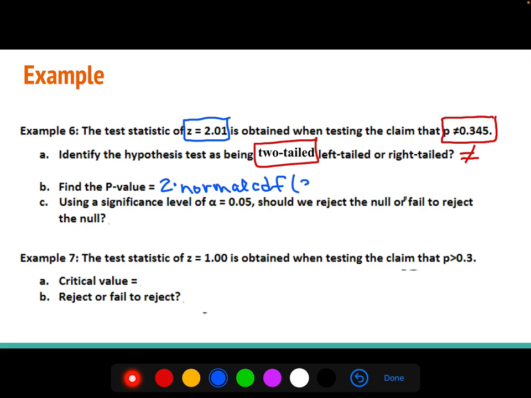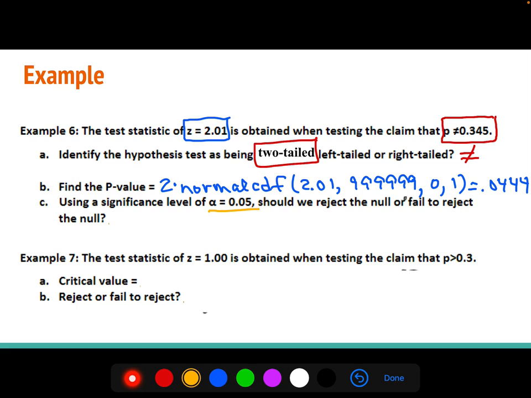Why 2 times? Because we have 2 tails. Our statistic is at 2.01 all the way up to a big number, and then 0, 1, and that's going to give us 0.0444 for our p-value.